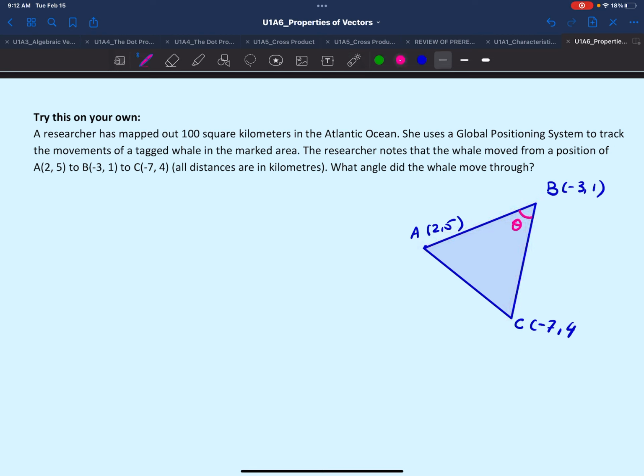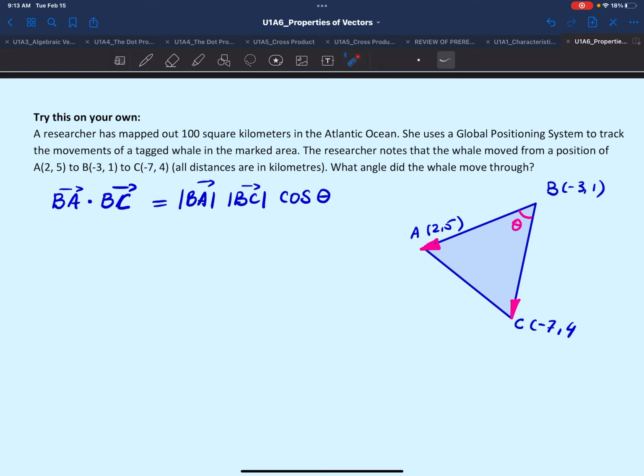We are going to look at vectors BA and BC. Which means that we're looking at the dot product of BA and BC, which equals the magnitude of BA, the magnitude of BC, multiplied by the cosine of theta, which is the angle in between.